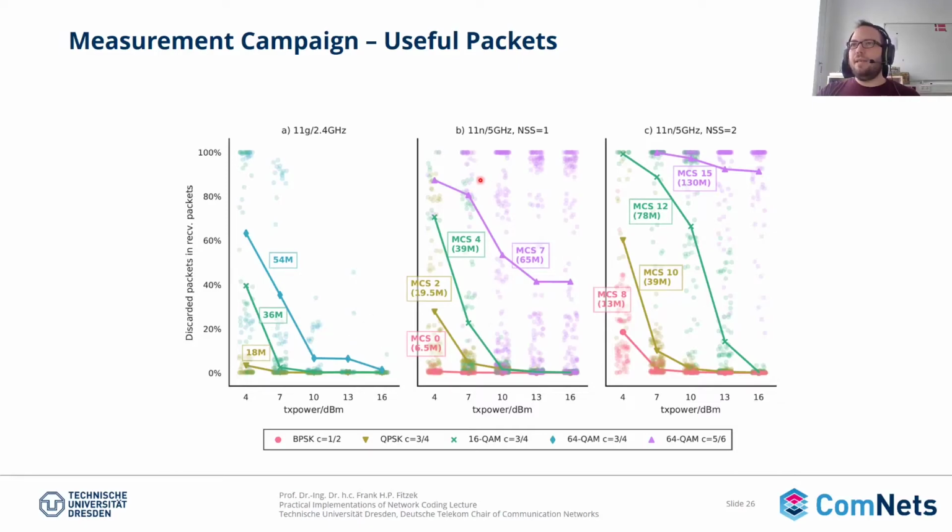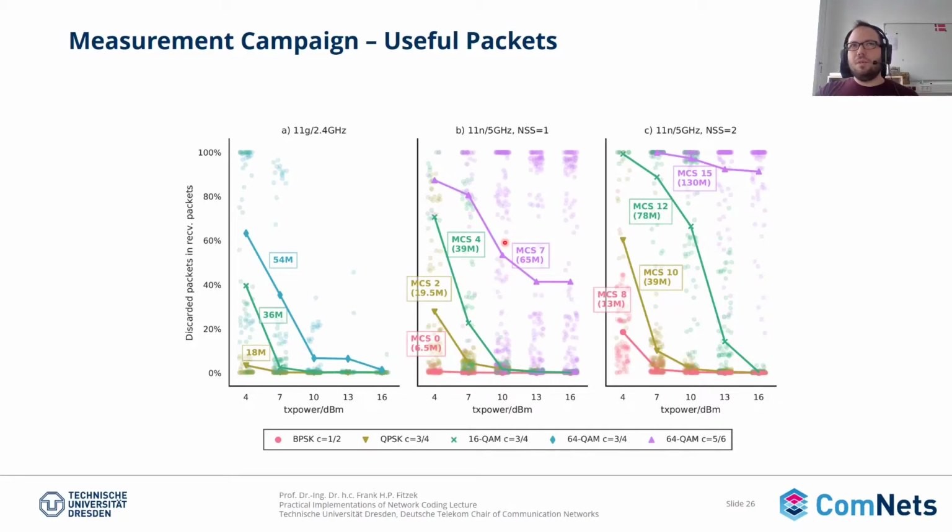For IEEE 802.11n, which works on the 5 gigahertz frequency band, we also used different modulations and transmission rates, and you see how they behave. So this is basically how many packets were discarded.